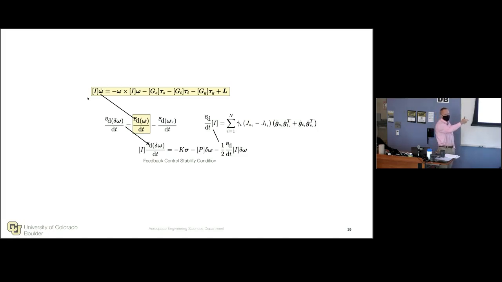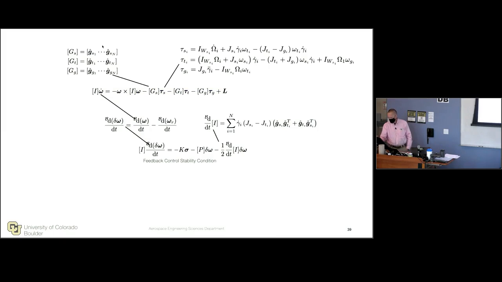This is the version where the G_S, G_T were nothing but the 3 by n stacks of all the gimbal frame spin, transverse, and gimbal axes. So that's cool. We can plug that in. Now, what were those things? So that's where these come from, and all these taus is all of this stuff.